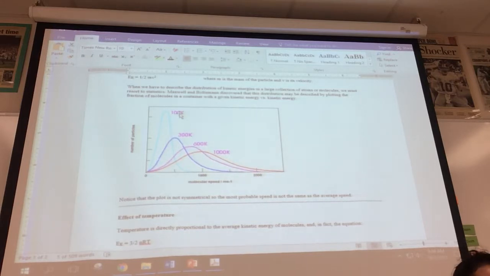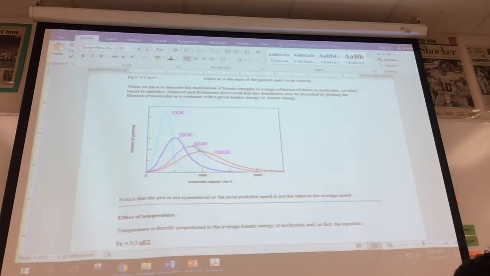But they don't all move at the same speed. What happens when the temperature is increased? So you're finding at the higher temperature, some of the particles can attain a much faster speed, correct?